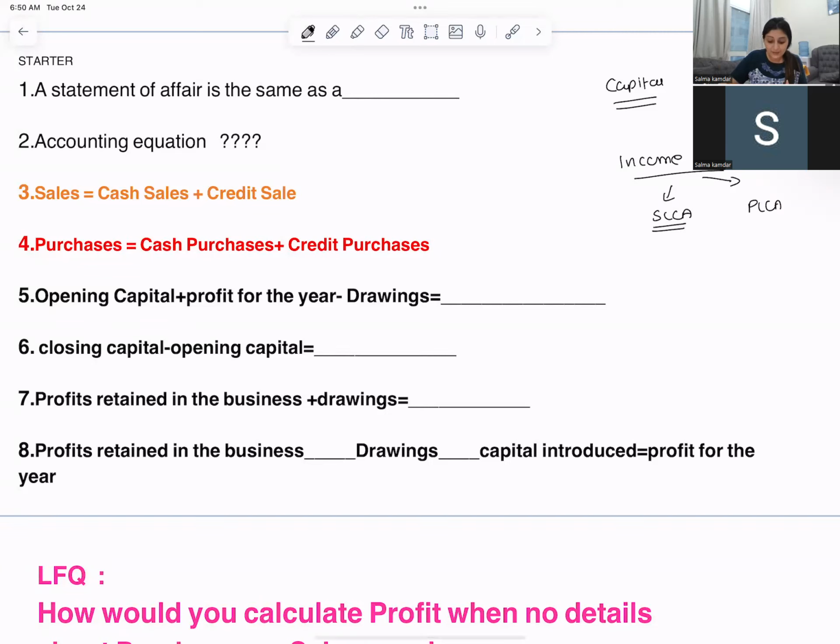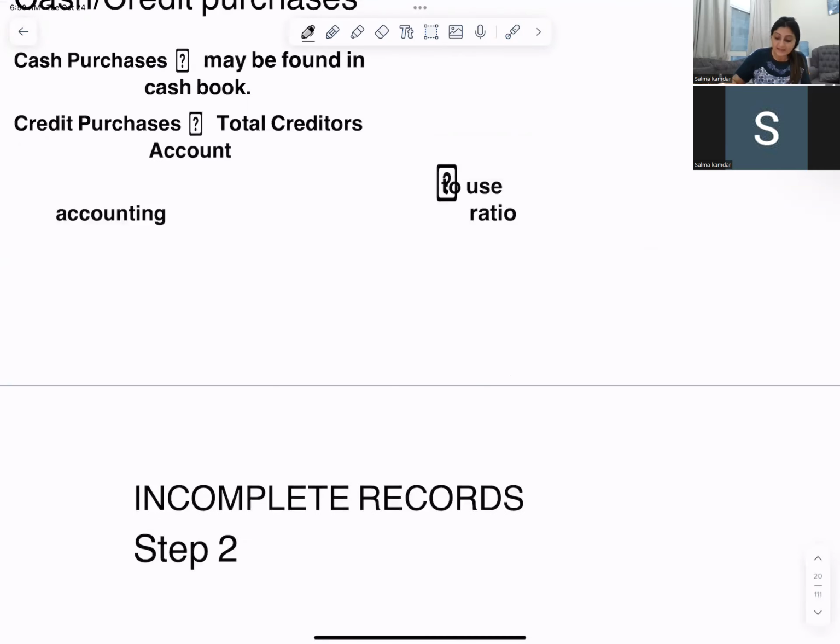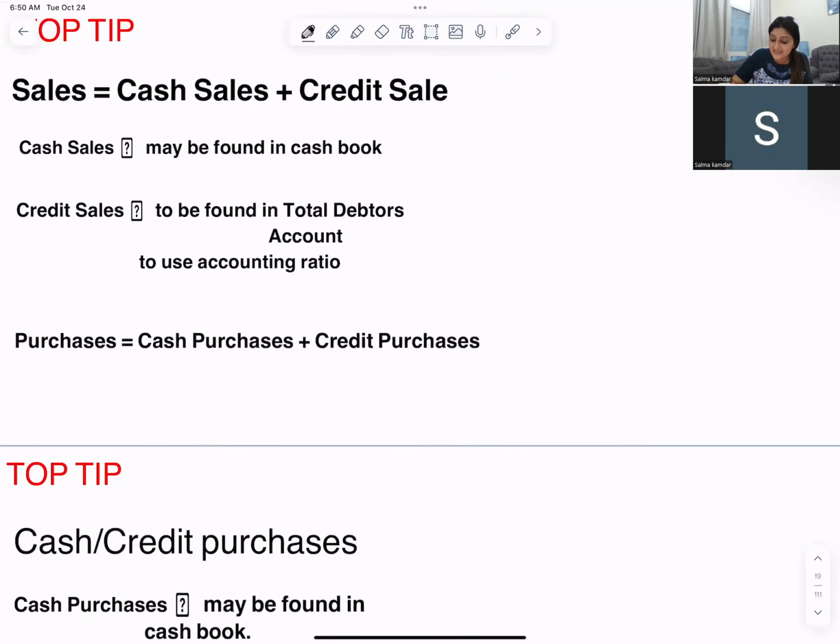Now, one thing that you have to note here is that when you prepare an SLCA account, you will get your sales, but SLCA will only give you credit sales. From where will you get the cash sales? The cash sales you will get from the cash book.